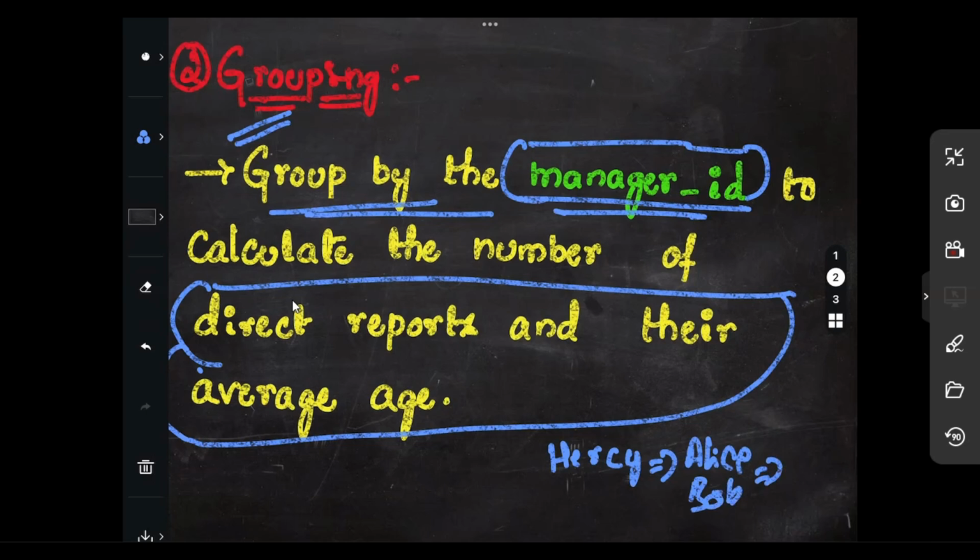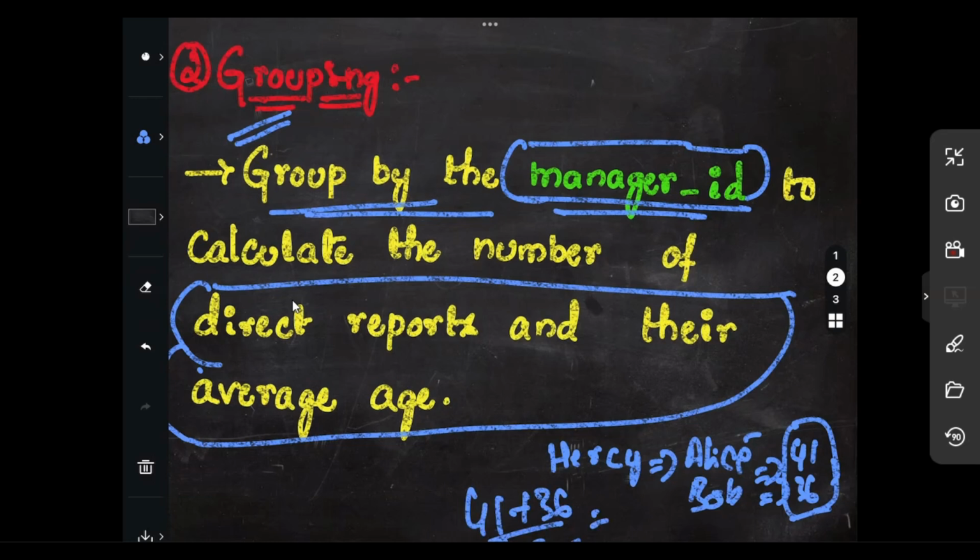Alice had some age, I think 41, and Bob around 36, I don't know. So let's consider 41 and 36 as the ages of Alice and Bob. We have to consider 41 plus 36 by 2 in this case.